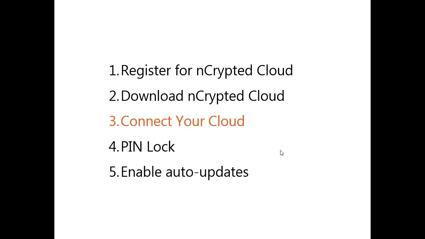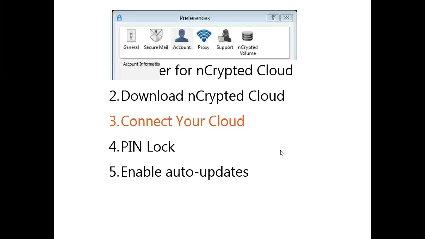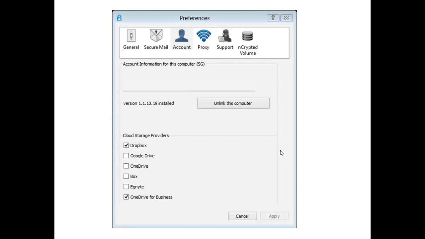So to do that, to connect your cloud, you'll notice now on your computer in the very bottom right, you'll have a little blue icon. It'll be a lock. That's where your nCryptedCloud app is living now. So when you right-click that, you have the option to click Preferences, go to the Accounts tab, and then choose Dropbox.